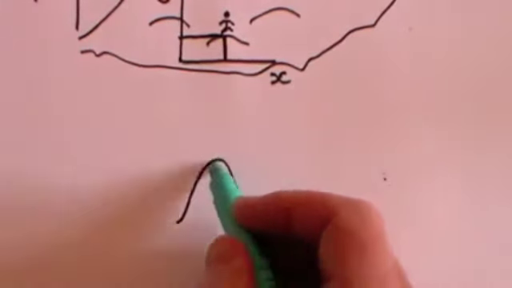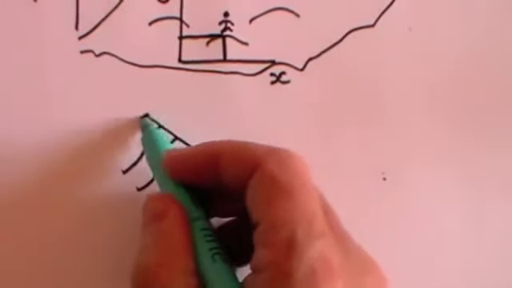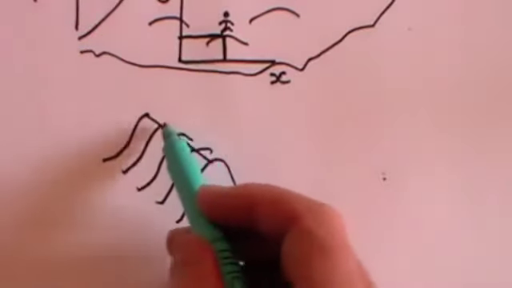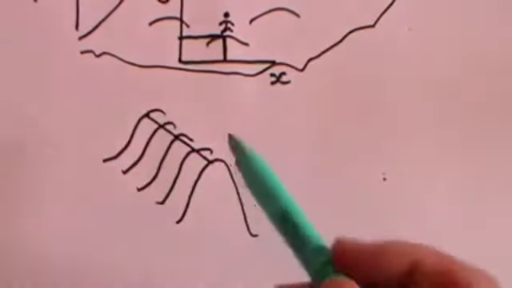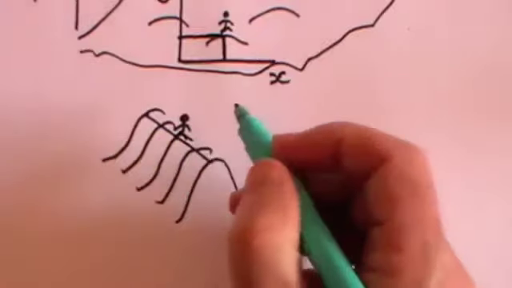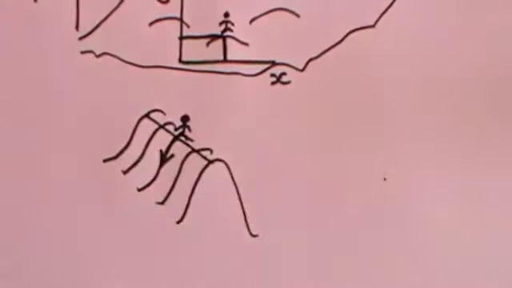Now, a ridge is something where the slope goes down on one side and down on the other side, but along the top it's flat. So if I'm standing on the top of the ridge and I move, let's say this is the x direction, if I move in the x direction I go down the ridge quite substantially.